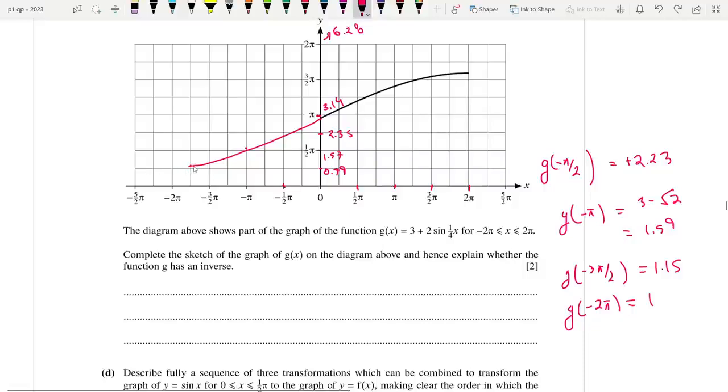Because after this point, after 2 pi, oh sorry, 2 pi is over there, right? I messed up. It should be something like this here. Now it should be better like this, yeah. There you go.